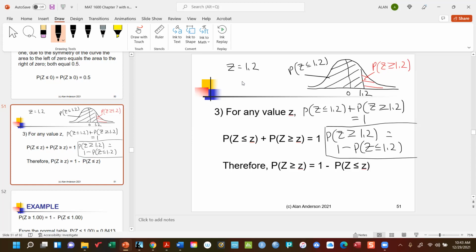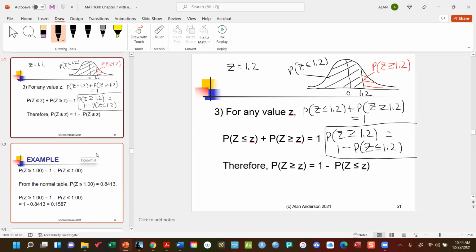You're basically taking 1 minus the cumulative probability, which you can find in the table, and that becomes your greater than or equal to probability. So now that's one of the consequences of the entire area being exactly equal to 1. Very interesting, very clever. That's why the tables only have to show less than or equal to probabilities, because it's understood that you can also figure out the greater than or equal to probabilities just by using this approach.